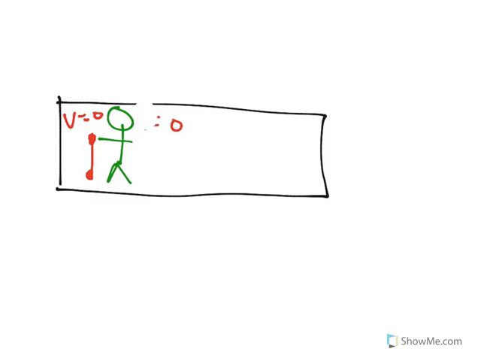Let's say that we're still in the boxcar, and we'll just redraw this real quick. Still in the boxcar, still have a ball. This time, you drop the ball, and you and the boxcar have a velocity. So the boxcar is going at, let's say, 10 meters per second.